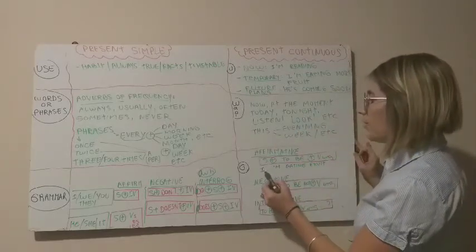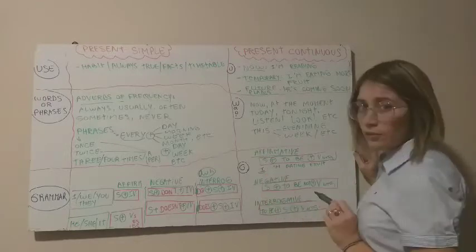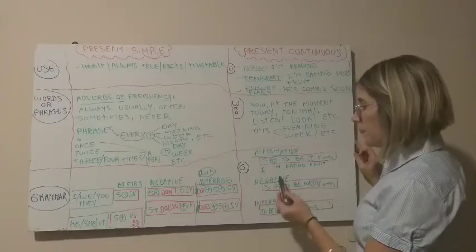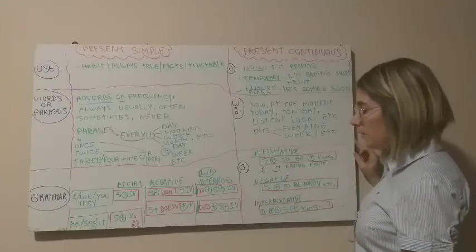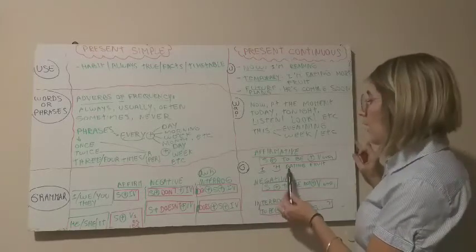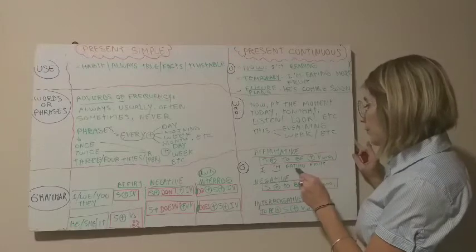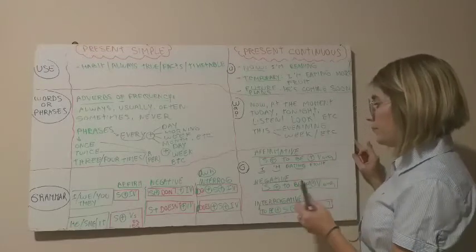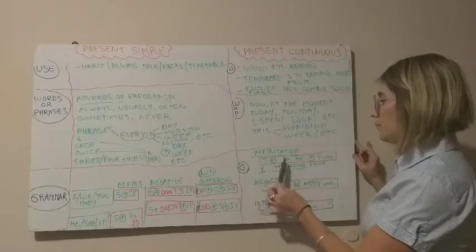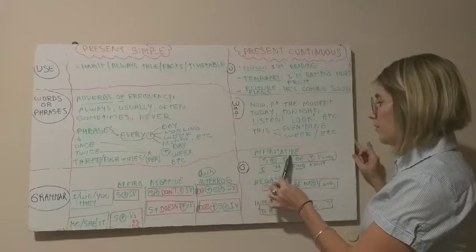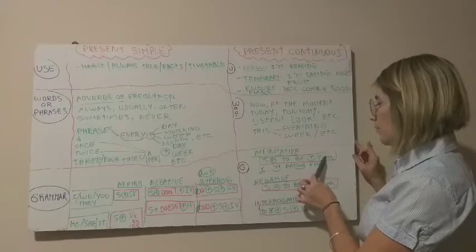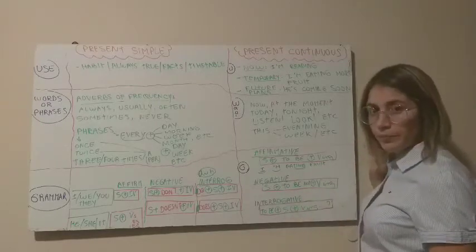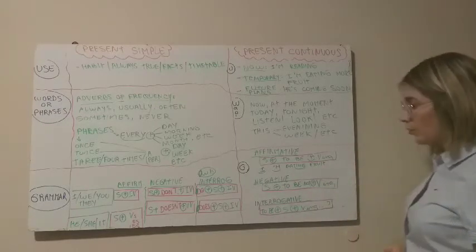In this case you have first the subject, then the verb to be, is, am or are, and then eating, the verb with ing form. I, subject, to be, eating, the verb with ing form. Yes, I'm eating fruit.